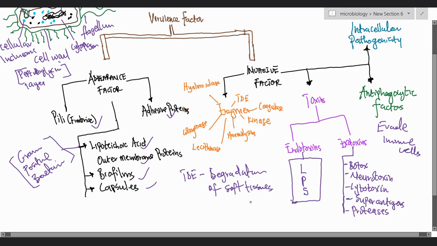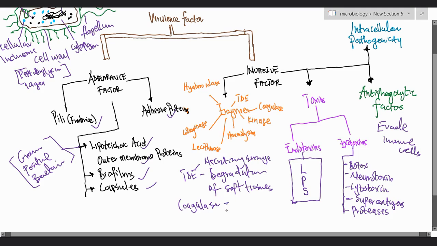And then the Clostridium perfringens too is an example of bacteria that produce the tissue degrading enzymes. Okay. Now we also have the coagulase. So another name for the tissue degrading enzyme is the necrotizing enzyme.